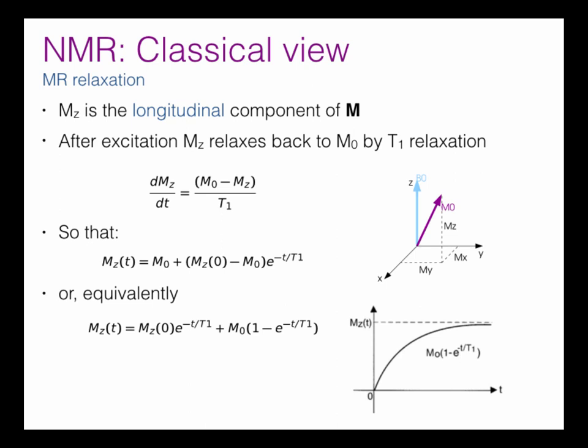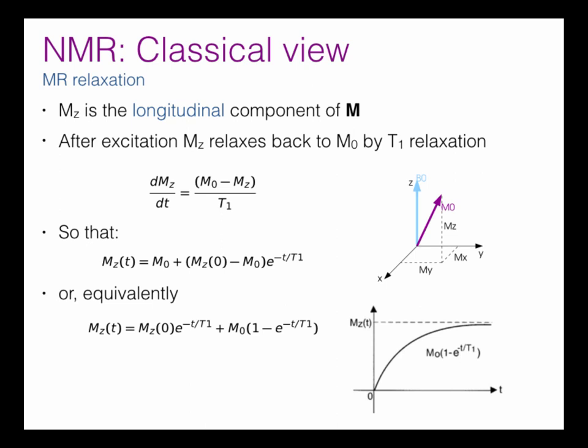So if you've encoded any information into this Mz term, that information is lost at a rate of e to the minus t upon T1. And then all this magnetization here is just new, and contains no useful information. It's fully relaxed magnetization, clean, not encoded in any way.